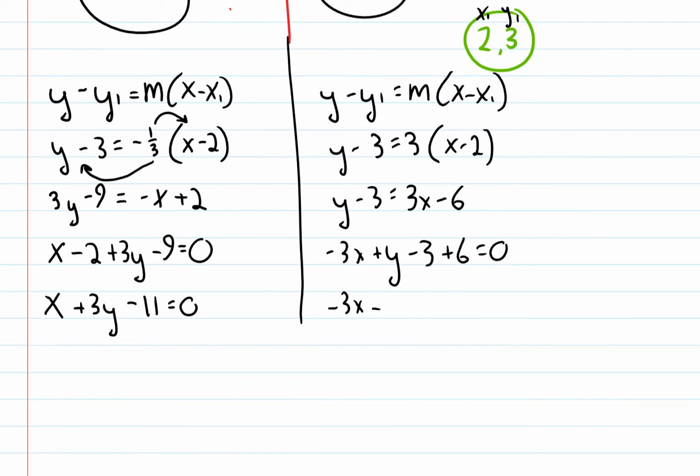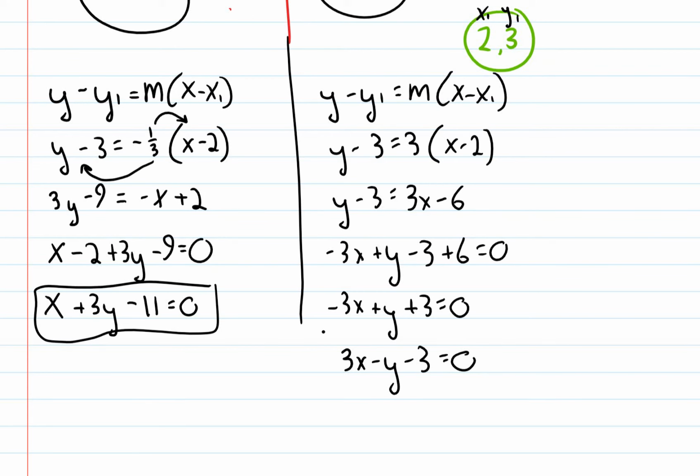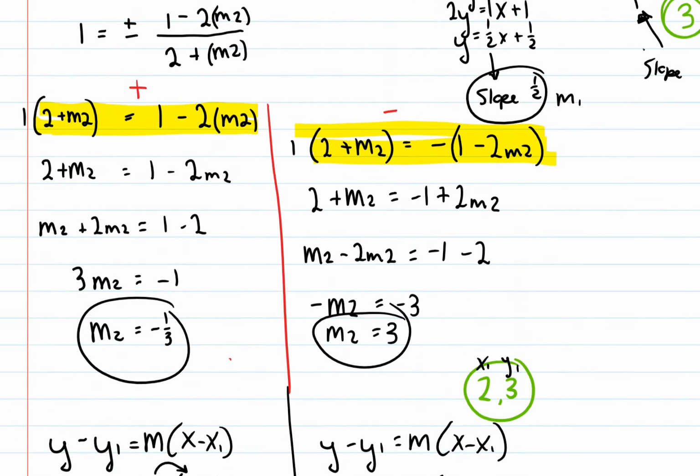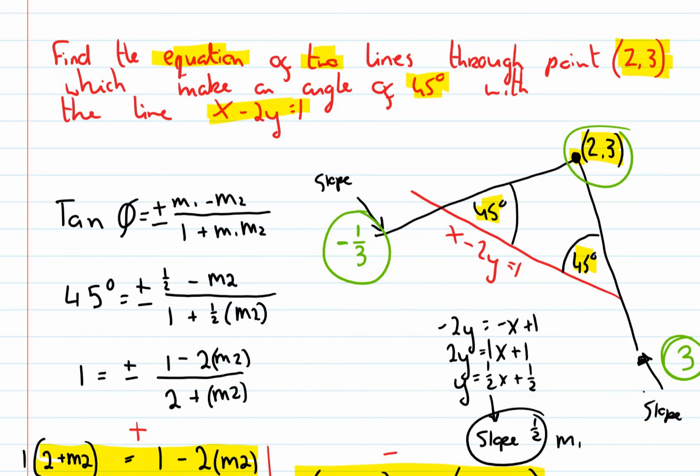So we have minus 3x plus y plus 3 equals 0. And we hate starting off with a minus, so we'll change the signs the whole way across. And there's our two equations of those two lines. That's it, thank you.